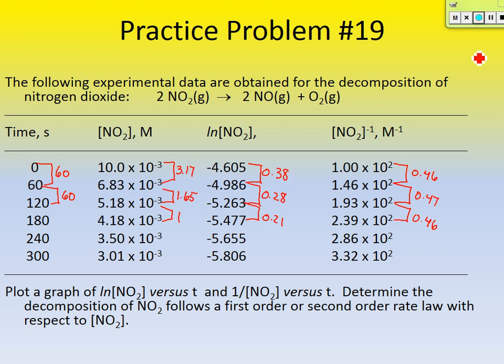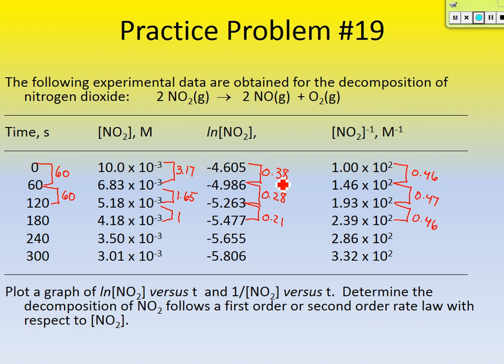All right, so hopefully at this point you have your answer and you've written down the intervals here. Notice if time is increasing by a constant interval, we're looking for which one increases or decreases at a constant interval. This one, which would be zero order, is definitely not constant. It's going to be a curved line if we plotted that.